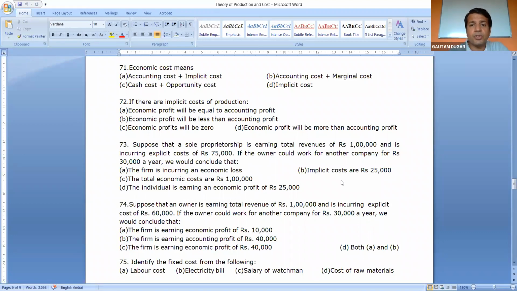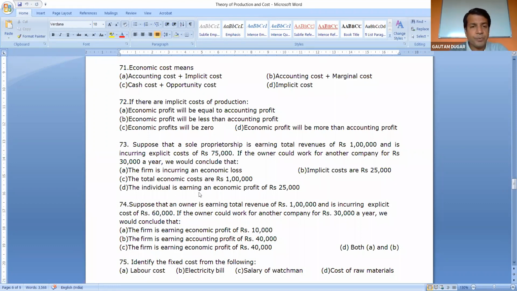If there is implicit cost, always remember, economic cost will be more than the accounting cost, and hence the economic profit will be less than the accounting profit. Yes, the answer by Pallavi is right. Economic profit will be less than the accounting profit. So 72 is B.